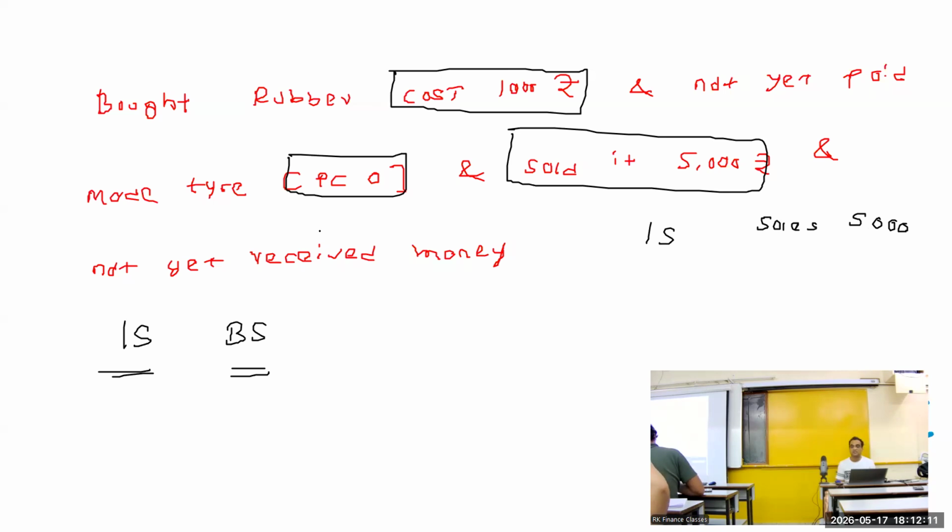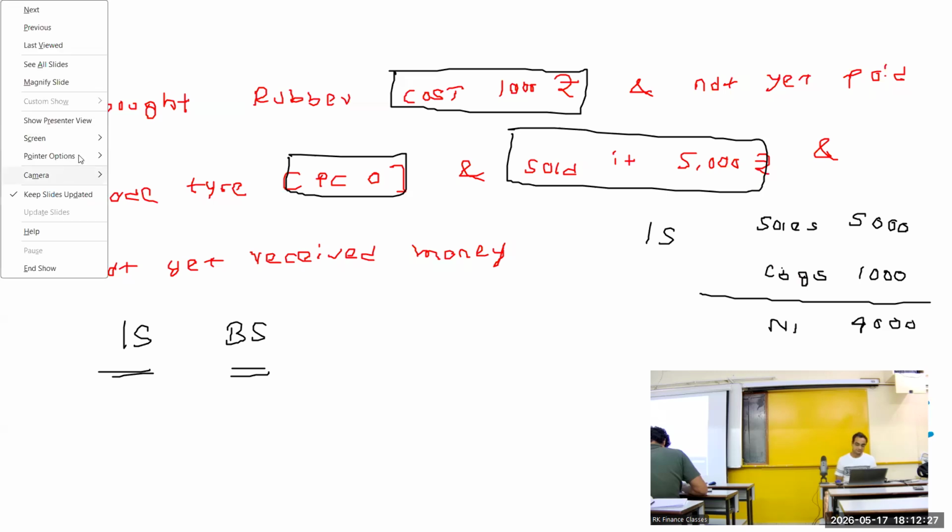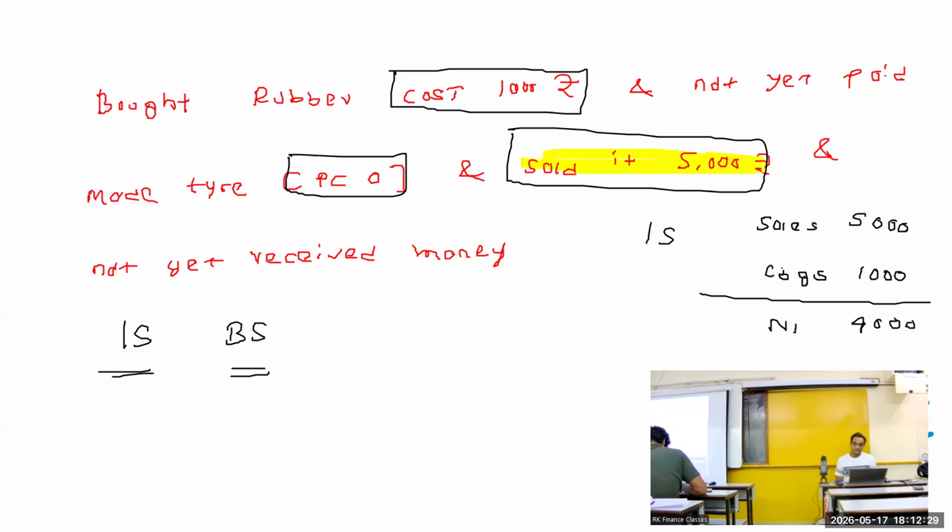So, the total cost of that tire, called as cost of goods sold, was 1000. So the profit, which we call it net income, is 4000 because I'm assuming everything gets a 0. So net income is 4000. So that's your sales. This two together is your cost. Difference is your profit.